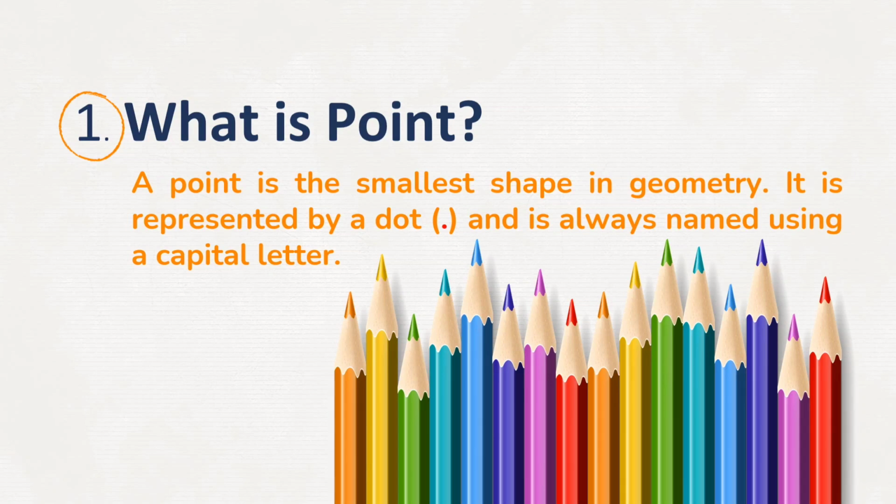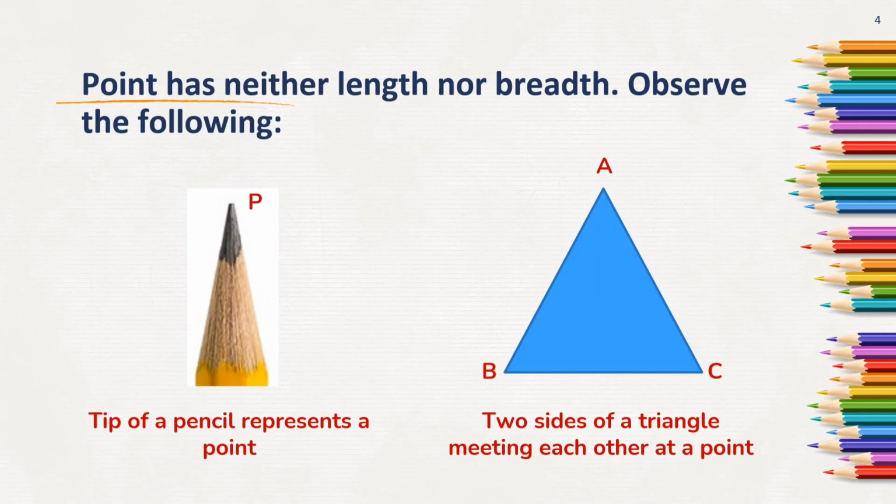If you take out a pencil and put a dot, that dot is called a point. Look here. Here, the tip of a pencil represents a point, and two sides of a triangle meet each other at a point, right?